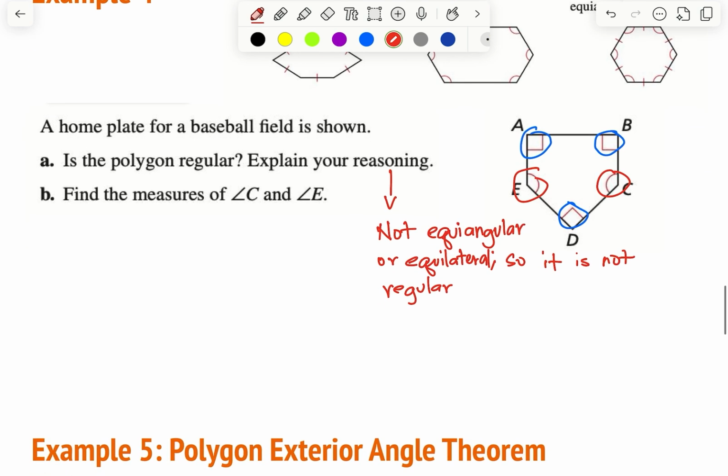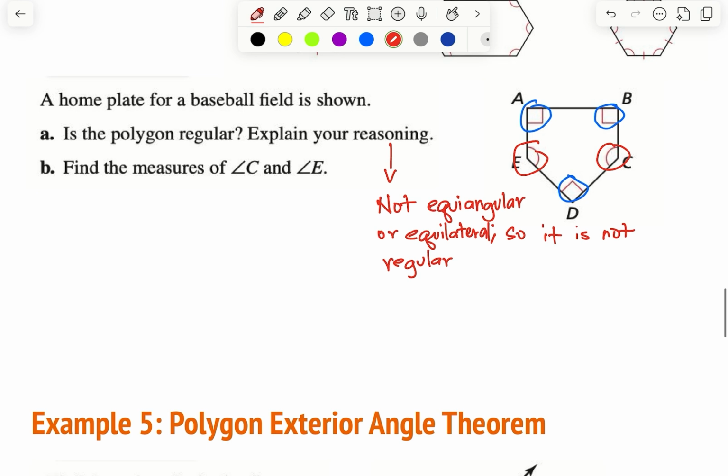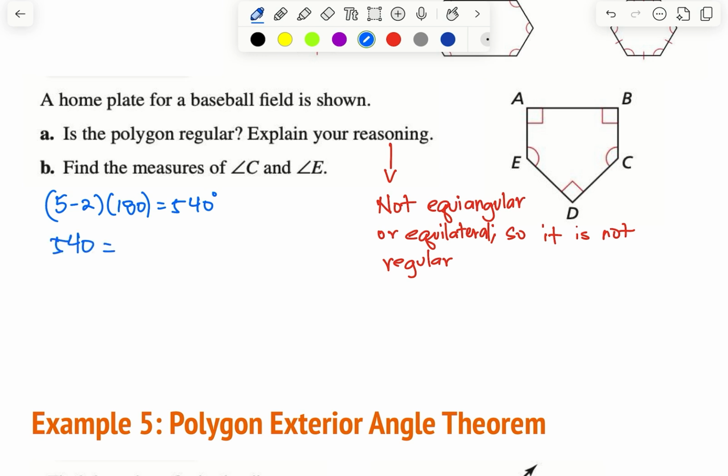For letter B, find the measures of angle C and angle E. So on this one, we have 5 sides. Using the formula, 5 minus 2 times 180 is equal to 540 degrees total. If we add all of the angles, 540 is equal to, let's say this 2 is x, so we have 2x, and we have 3 right angles, so plus 3 multiplied by 90.